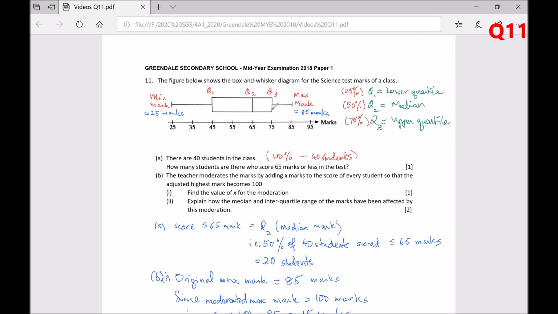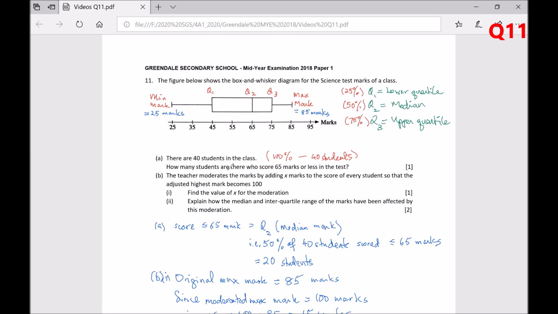This side of the box represents Q3, the upper quartile, which means 75% of the students scored 75 marks or less. We are given that there are 40 students in the class. This means 100% of the students equals 40 students.